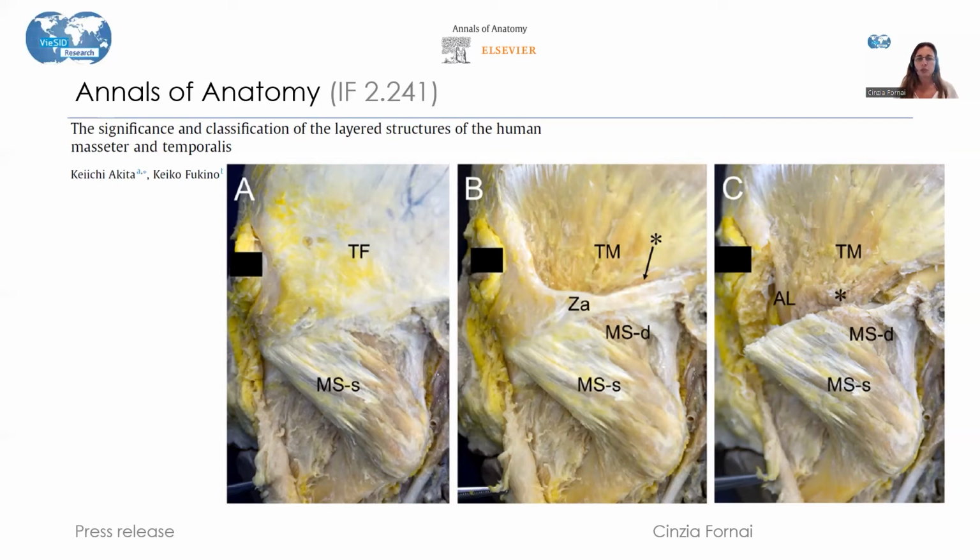Given the accurate and comprehensive evidence they collected using sophisticated approaches, I would conclude that the evidence presented in Mesi et al. is persuasive over the previously published papers. Thus, while the paper by Akita and Fukimo does not invalidate the conclusion by Mesi et al., it has the merit to contribute to the narrative about the masseter layer structures.